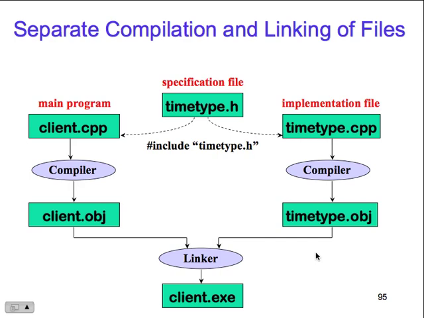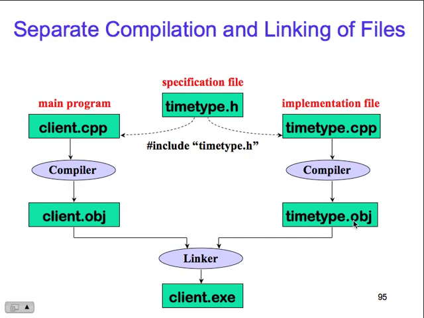So here's our sample compilation and the linking of the files themselves. All of these files are included in this simple little program to create a time type. The specification is the time type.h, and then we have the implementation over here, the time type.c++. The compiler compiles it. If we're in a C++ world, we get an .obj object file.